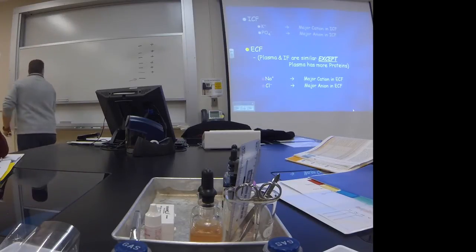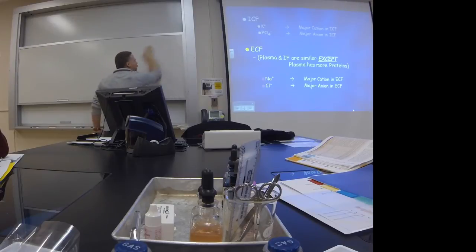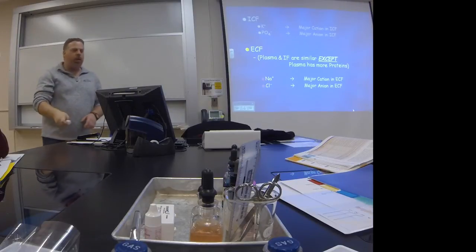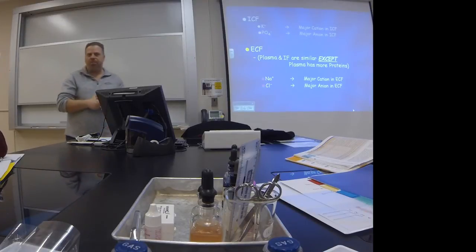You need to memorize this. When we get into action potentials, this is really going to make a difference. So you got to really memorize this. So I came up with a little mnemonic to help you out.